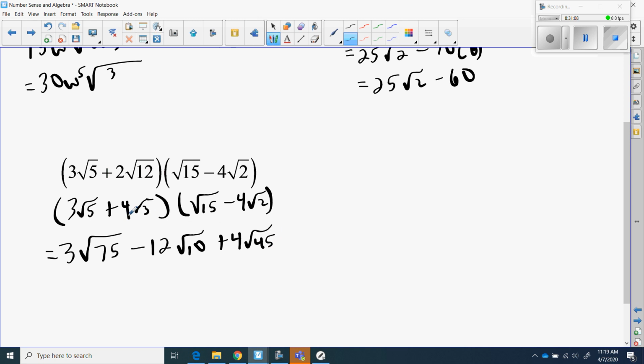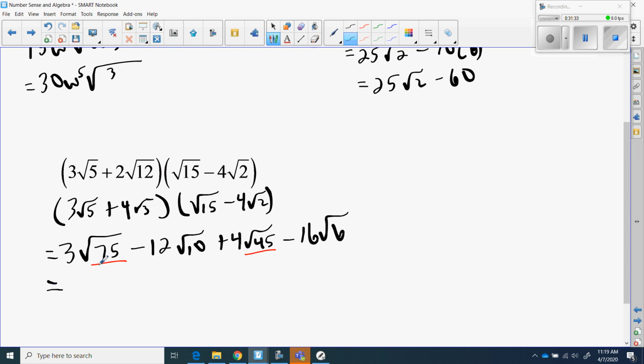And finally, this one by this one will be negative 16 square root 6. Now, if you notice, this one and this one are not in simplest form. So we're going to have to reduce those ones. This would be great to get to here, but you would not get full value for a question if you leave radicals that are not in reduced form.